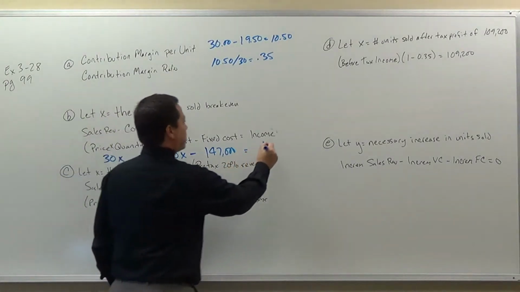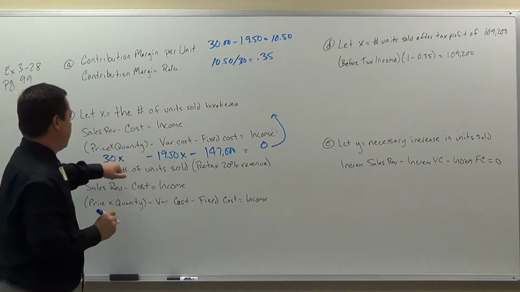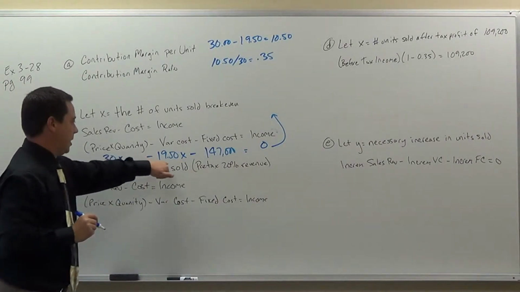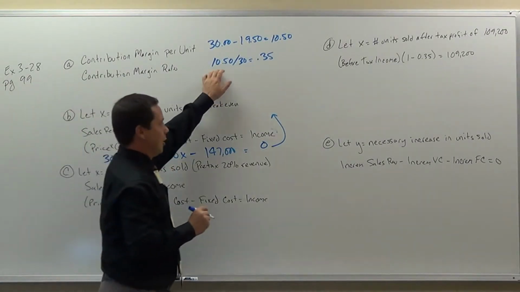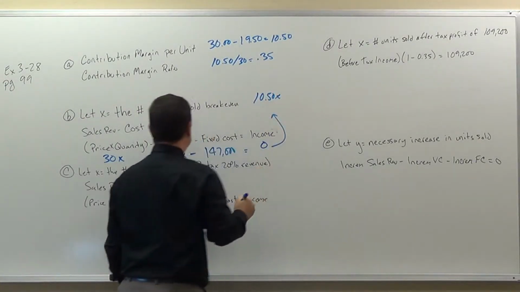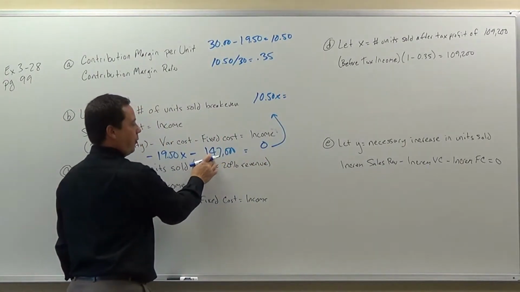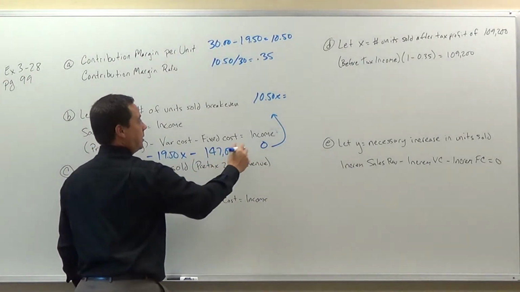All right, so I'm going to take this up here just so you can take a look at that. And so I'm going to figure out what this is. I know 30X minus 19.5X equals contribution margin, which is 10.50X. And I'm going to add 147,000 to both sides.